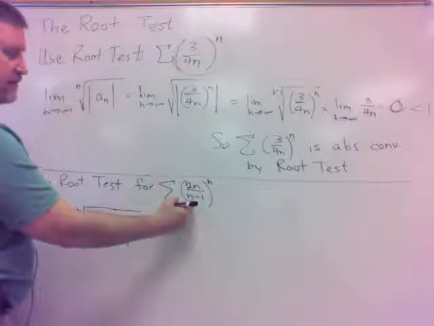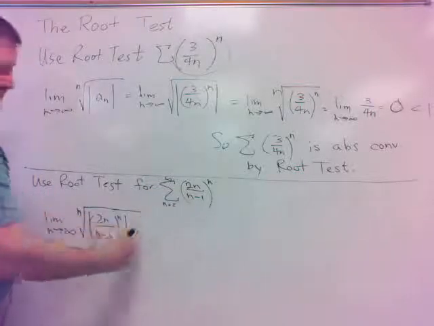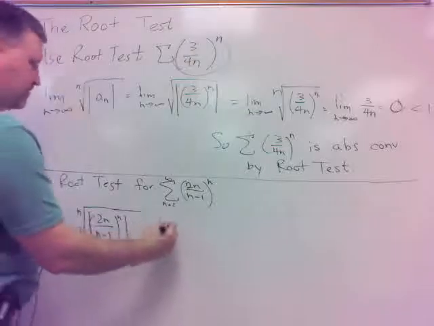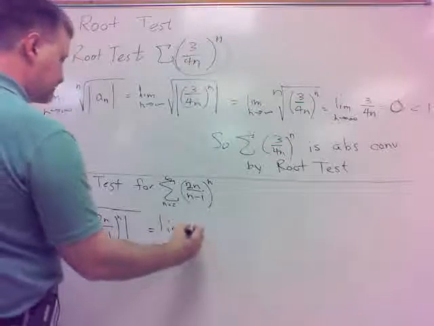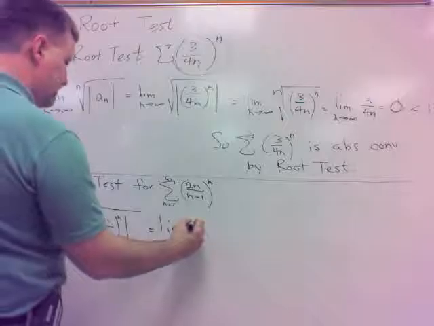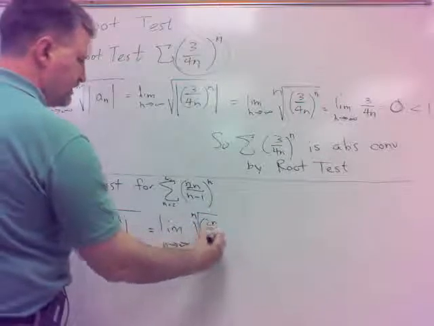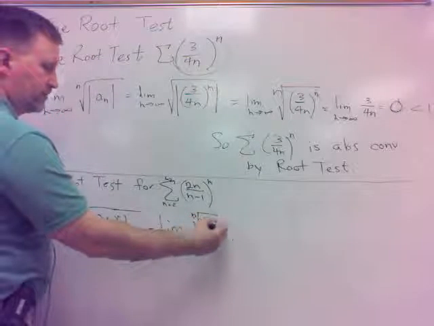So we even have to start at 2. The reason I mention that is because that makes all these terms positive, so the absolute value bars are not necessary. That's just the nth root of (2n over n minus 1) to the nth power, and the nth root and the nth power cancel out.